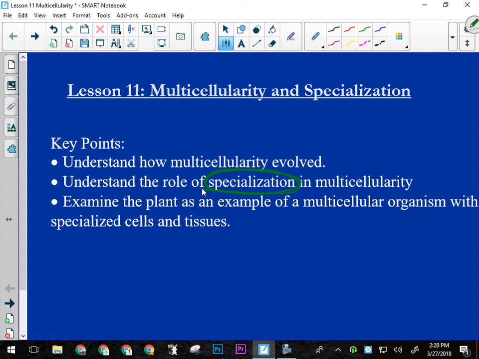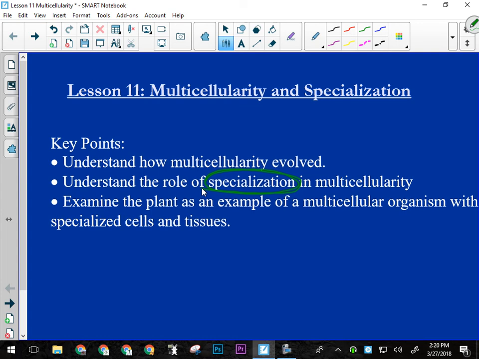And then lastly, we're going to look at the plant as an example of a multicellular organism. There are some specialized cells within the plant that do a certain job, and that's going to relate to the leaf that you looked at yesterday in the cell anatomy lab. We'll talk about the layers of the leaf that you actually looked at through the microscope.